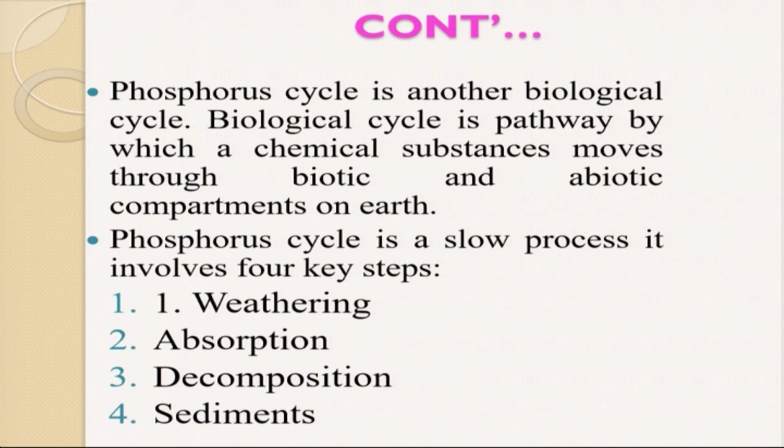Animals excrete waste products, for example urine and cow dung, and all of these contain phosphorus. Animals and plants can also die, and once they die, the bacteria cause them to decay.